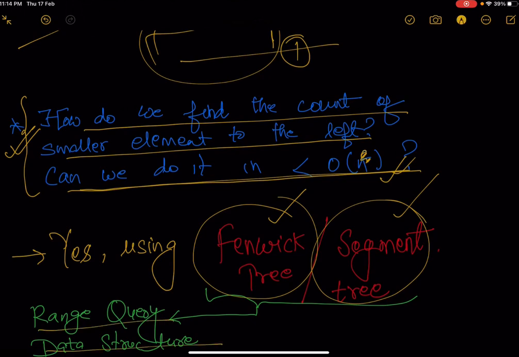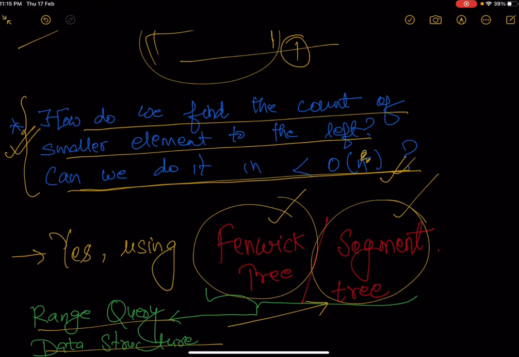Both of these are basically used for querying over a given range, so you can query the sum or a product like that. Segment tree is more versatile. Using a Fenwick tree, you can mainly compute something over prefixes, and you can do it over ranges as well, but only for calculating things like sums.